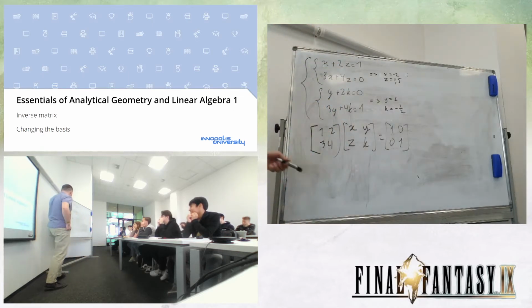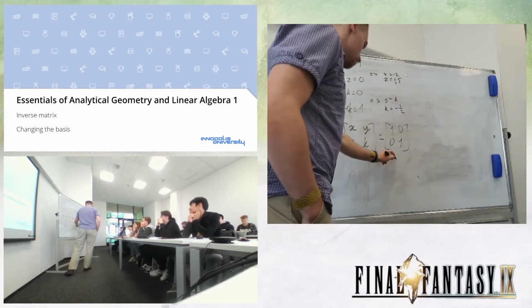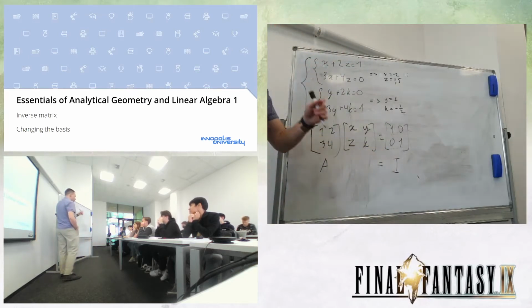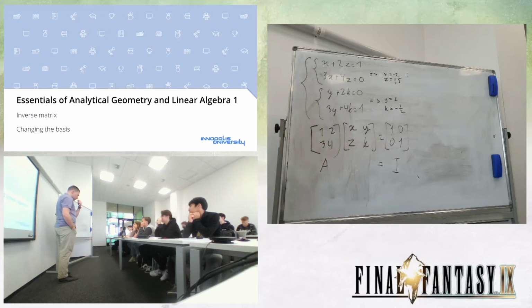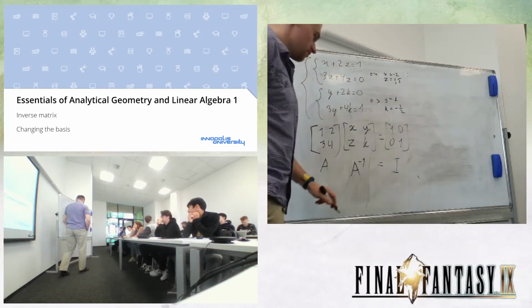Actually, what is it? Something like this. What's the definition of inverse matrix? The definition of an inverse matrix is that the product of the matrix and its inverse gives us the identity matrix.